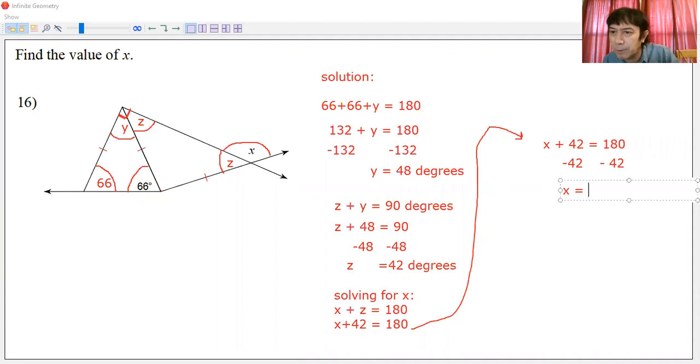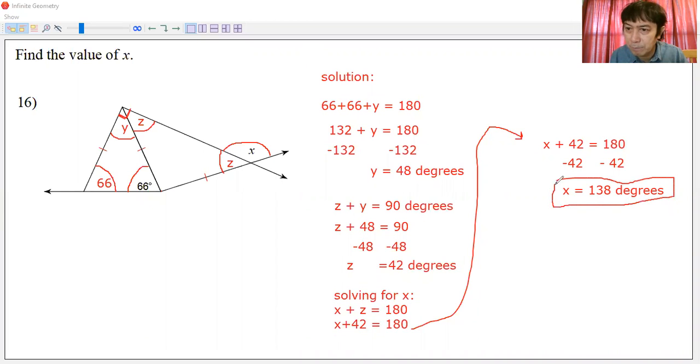X is equal to, how much is that? 138. 10 minus 2 is 8, 7 minus 4 is 3, 1 minus 0. So that's 138 degrees. That's the required value. X is equal to 138.